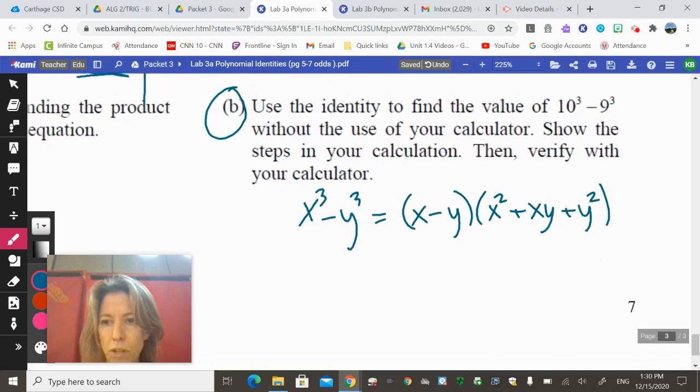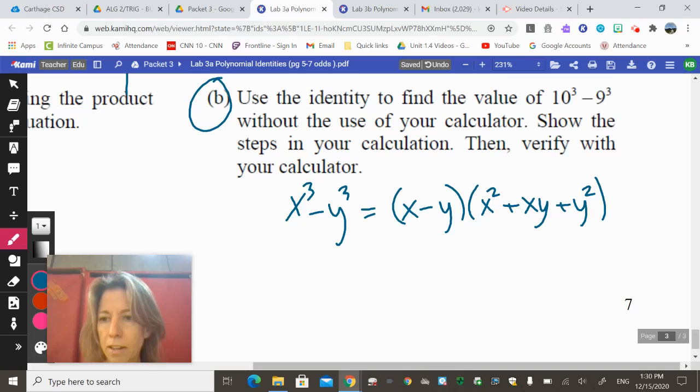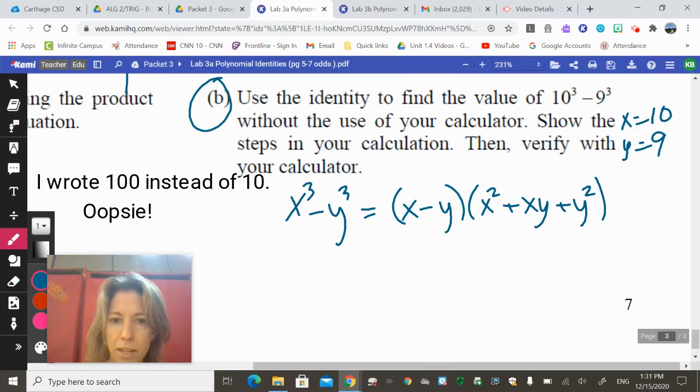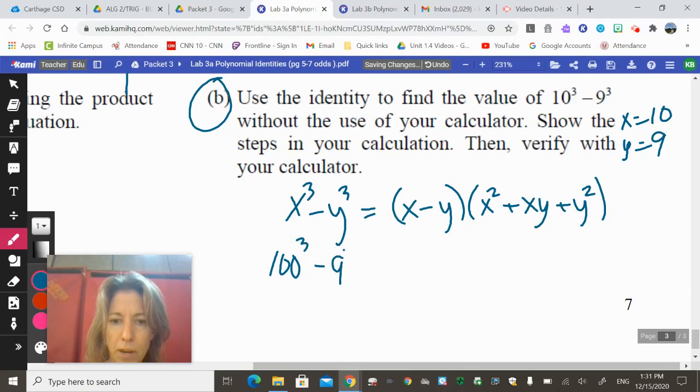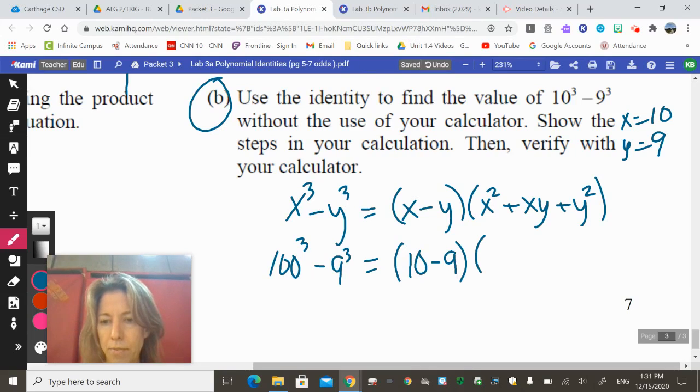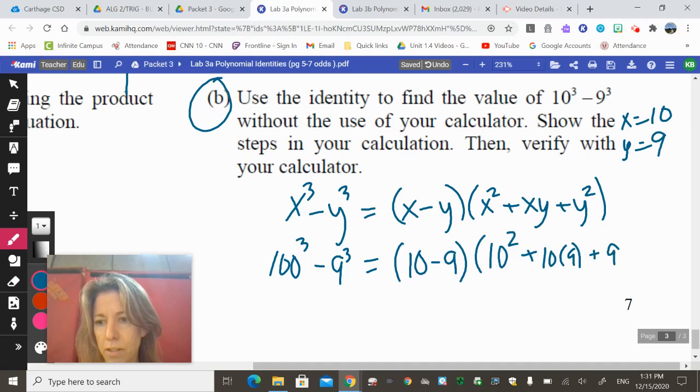I am just going to plug in 10 for x and 9 for y. I'm going to get 10 cubed minus 9 cubed. I wouldn't want to do this in my head, but I can do this side in my head. I have 10 minus 9, and then I have 10 squared plus 10 times 9 plus 9 squared.